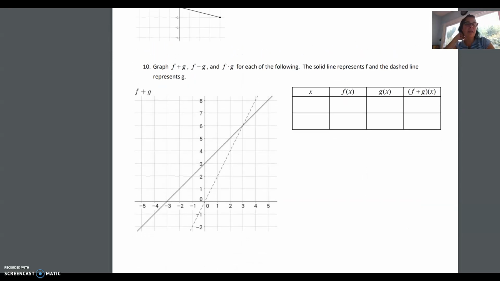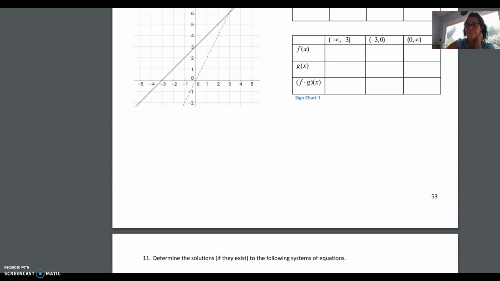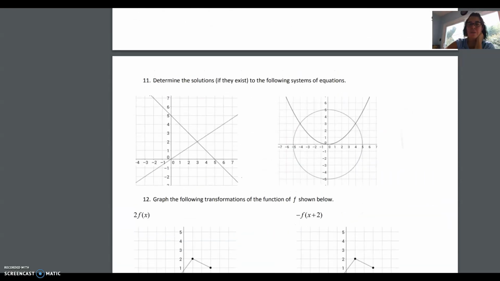Finding the combinations of functions, just addition, subtraction, and multiplication. Luckily, we don't have division. Division is coming. So the domain of the combination of the functions should be the intersection of f and g. This is on our last week. Remember that these are quite easy compared to other ones.